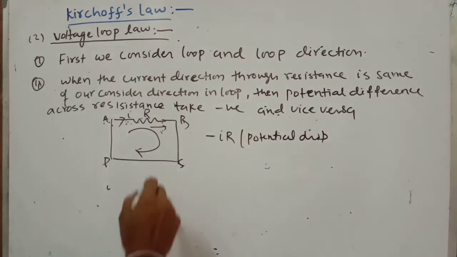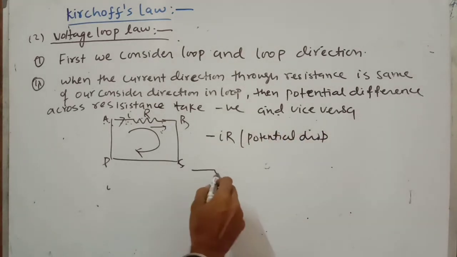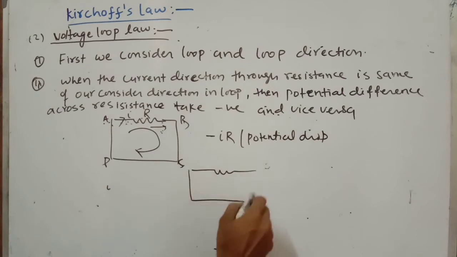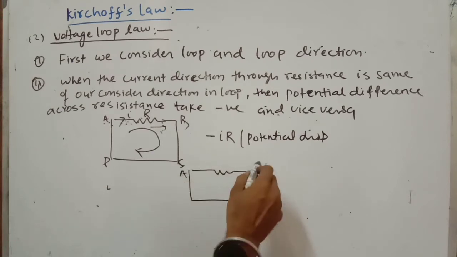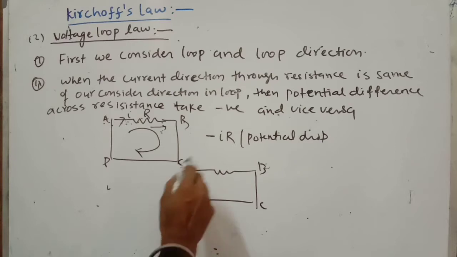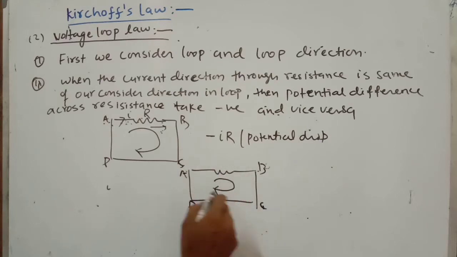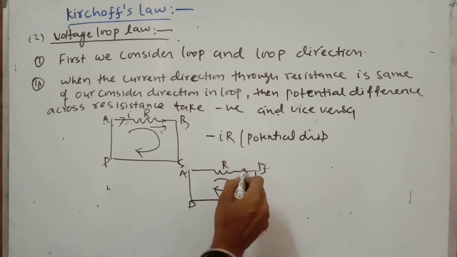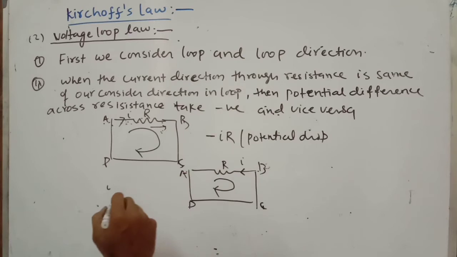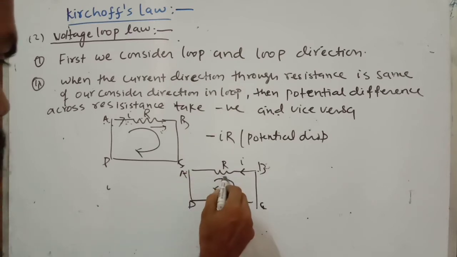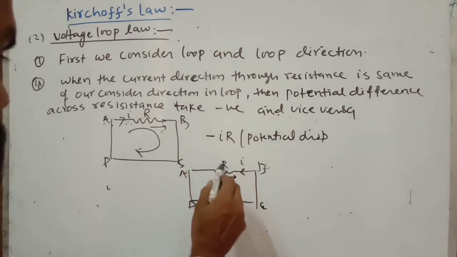Okay. Let me consider another circuit, the same loop A B C D A, that means considered direction is this one, and resistance R. Let the current flow in this direction. So your considered direction is opposite of the current direction through this resistance.